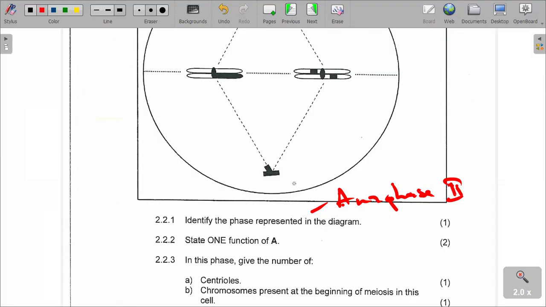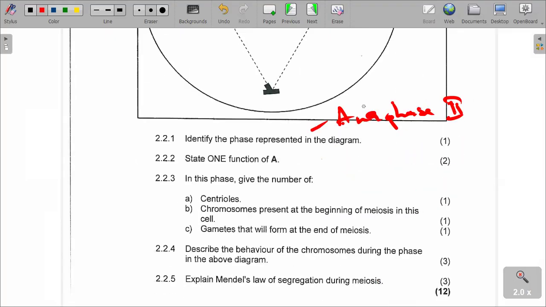Also, if you look on the channel again, class, we have nice extensive explanations of the cell cycle and the meiosis process.